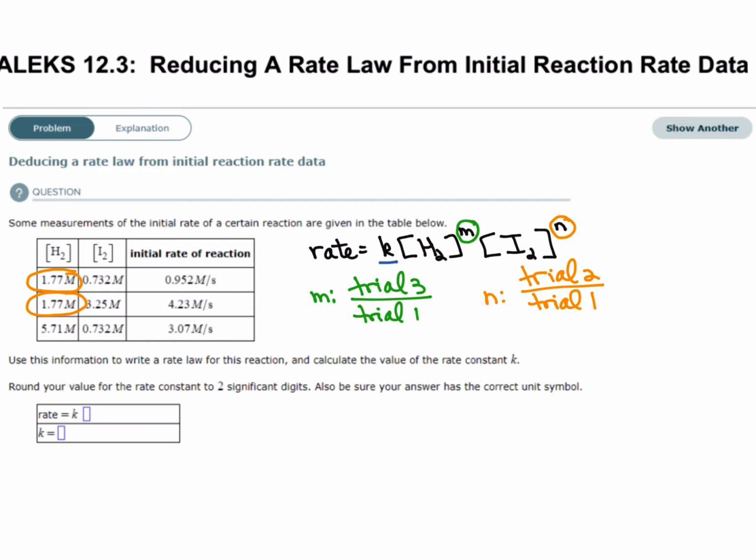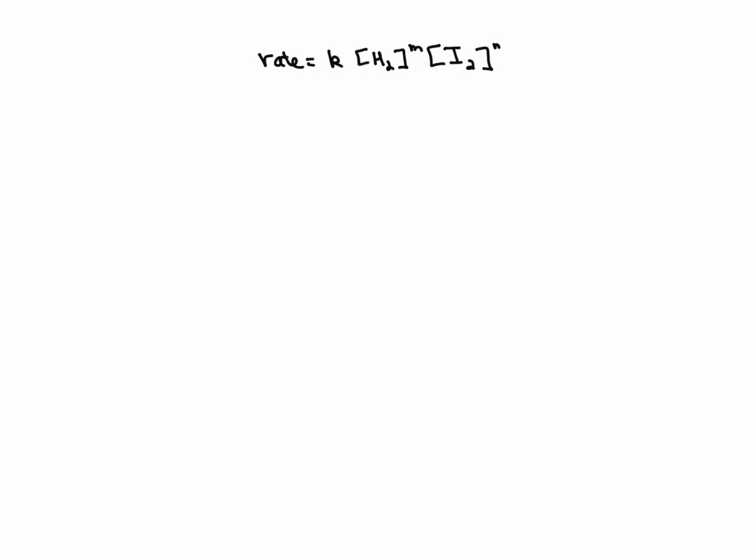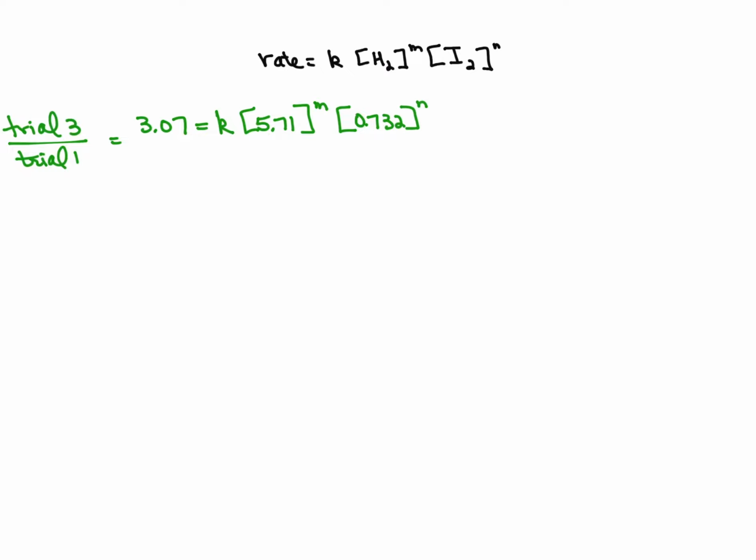So we want to solve for m, and I'm going to divide the rate of trial 3 over the rate of trial 1. So this is rate equals K times the concentration of H2 raised to the power of m times the concentration of I2 raised to the power of n.